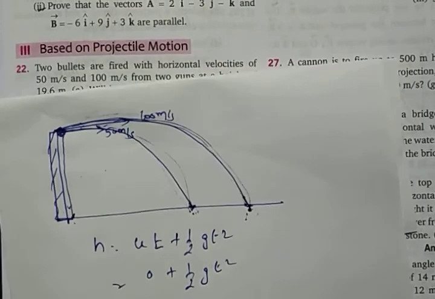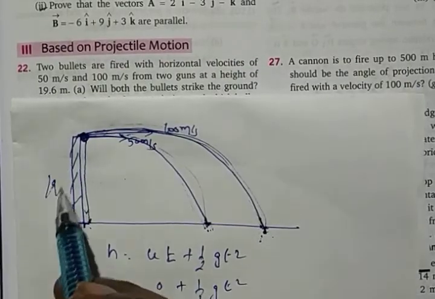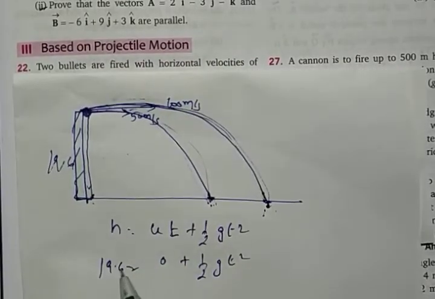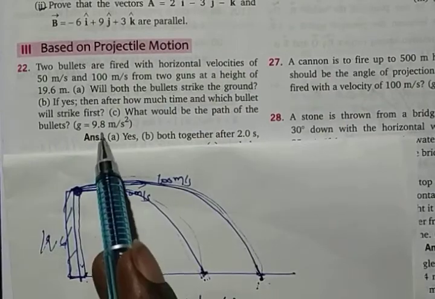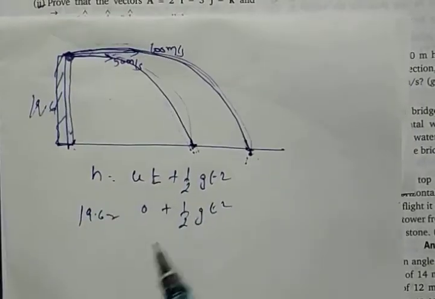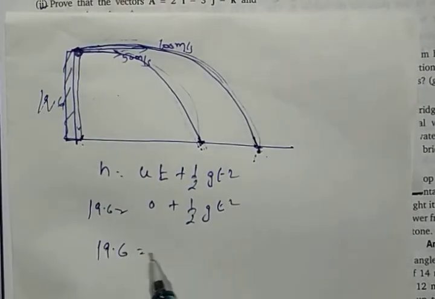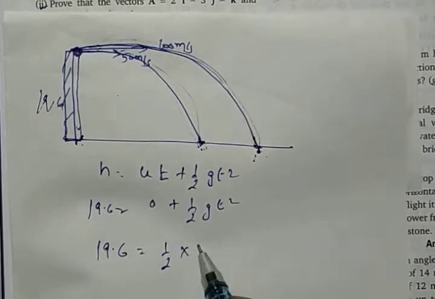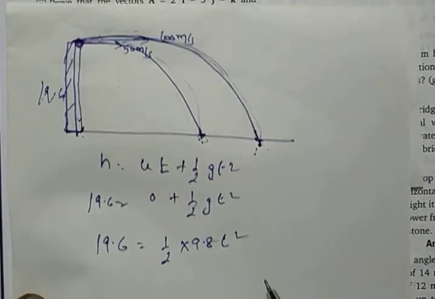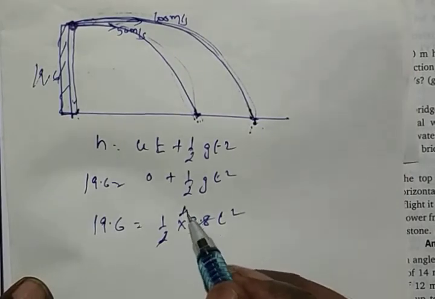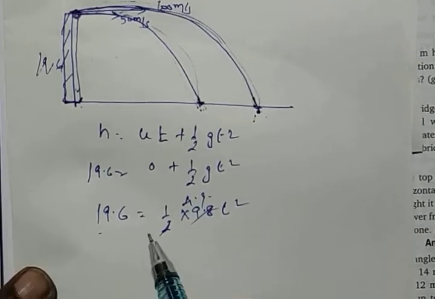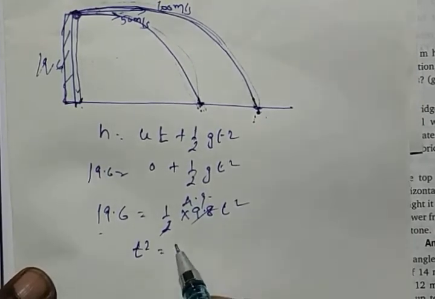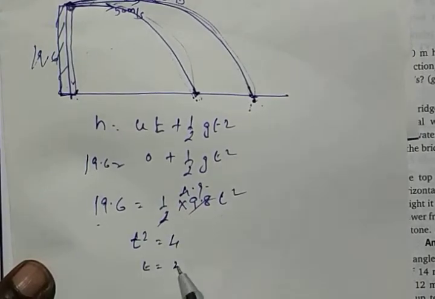The height is already given as 19.6, and the g value is 9.8. So 19.6 is equal to half into 9.8 t square. This becomes 4.9, so this will go down. So t square is equal to 4, and t is equal to 2 seconds.